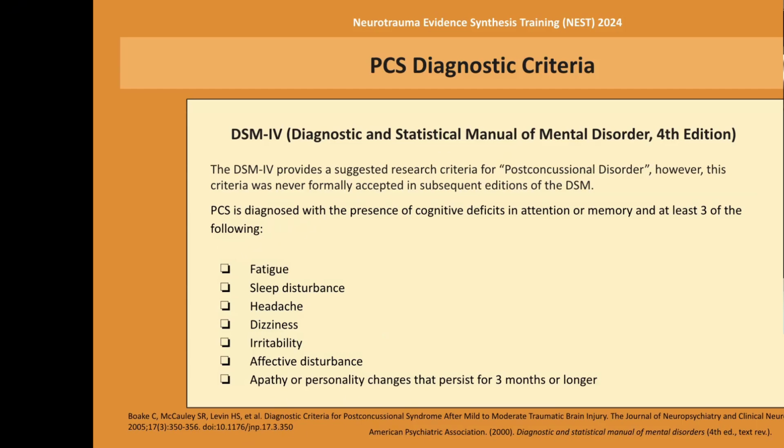The other issue with the DSM-4, the controversy over it, is that this apathy, personality changes, need to persist for 3 months or longer. So information about the length of time and persistence is changing as well.